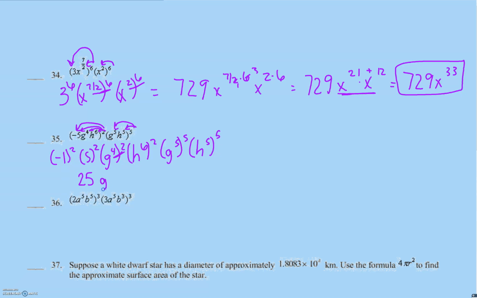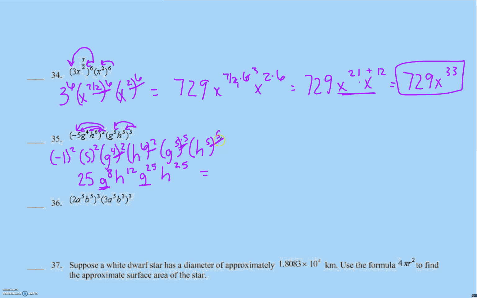Power to a power means we multiply our exponents there. 4 times 2 is 8. Multiply our exponents here, h to the 12, 6 times 2. Power to a power, we're going to multiply our exponents, g to the 25th power. Power to a power, h to the 25th power. Now, we're multiplying powers, same base.